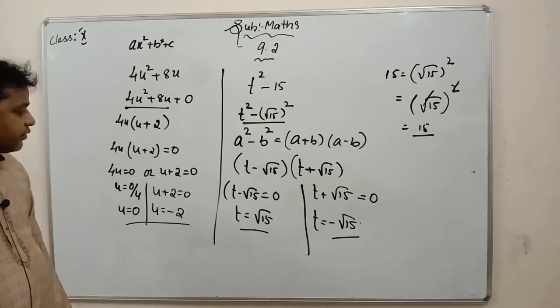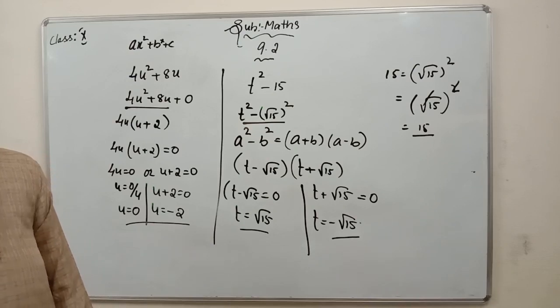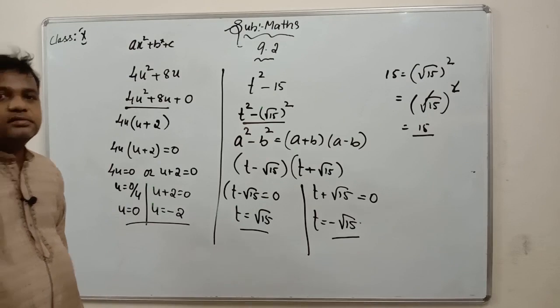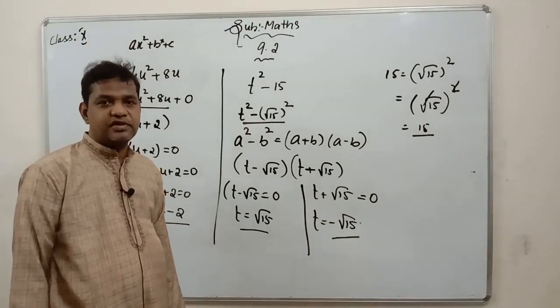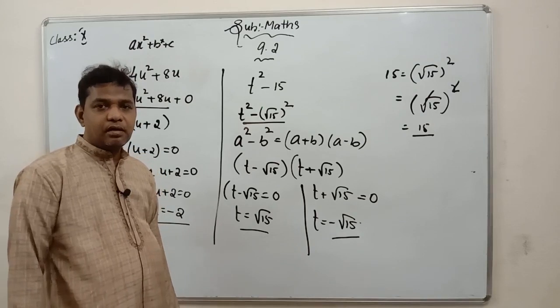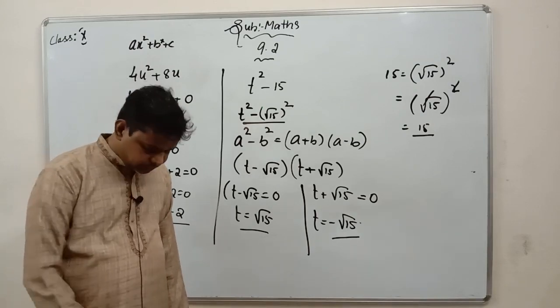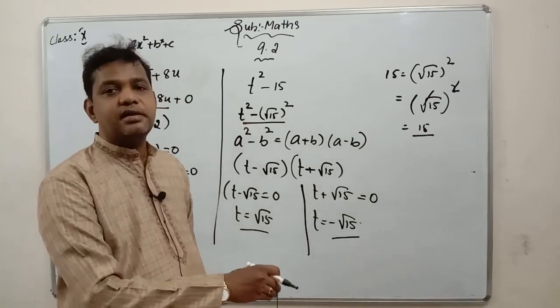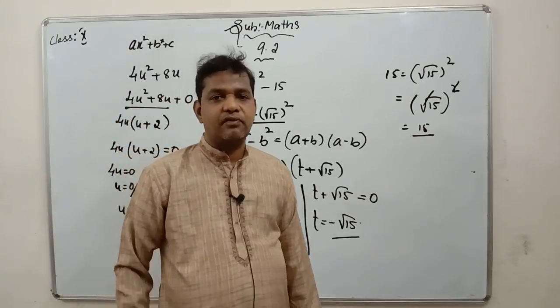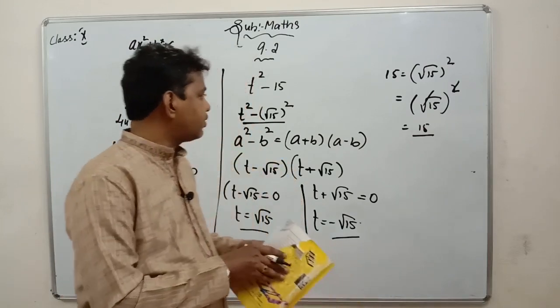So t equals root 15 and t equals minus root 15, and the remaining is the same: the sum of the zeros and the product of the zeros, that is minus b by a and c by a, or coefficient of x by coefficient of x square, or constant by coefficient of x square, that is c by a. Okay, now we will see the next problem.